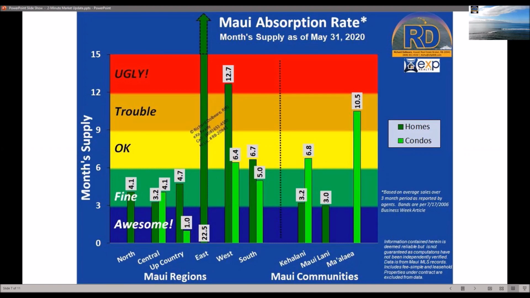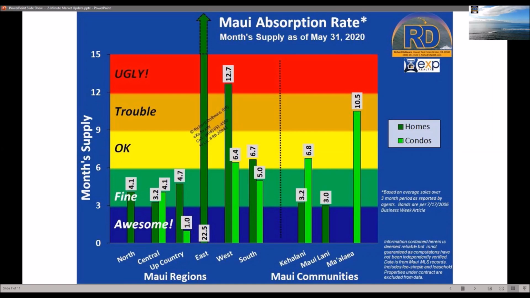Absorption rate is a determination of how long it would take to sell all of the existing inventory if nothing new was to come on the market. So let's use an example here. Suppose we had an absorption rate of 6. 6 is considered a balanced market.